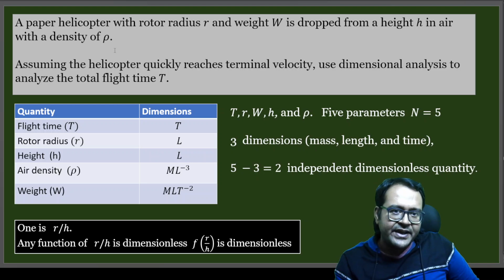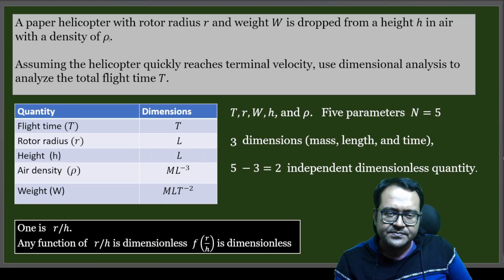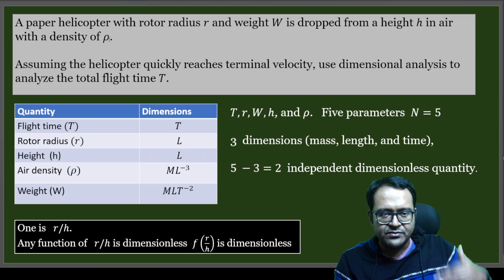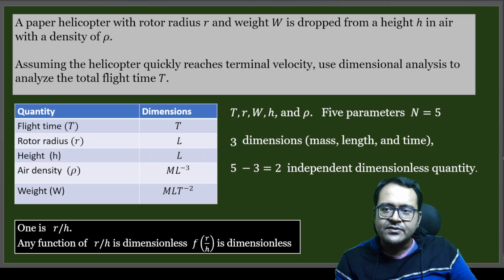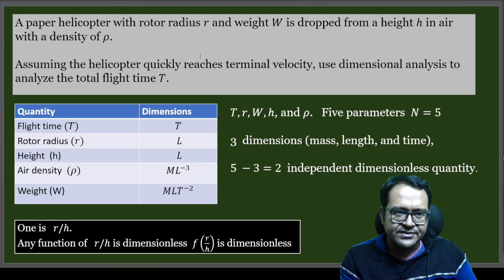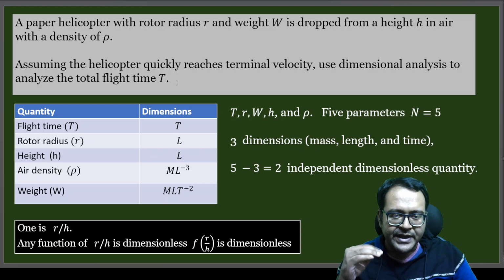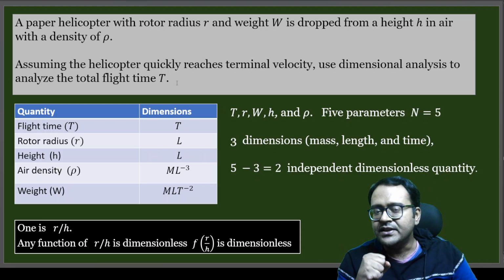The density of air is rho. Let's assume that the helicopter quickly reaches its terminal velocity, a fixed velocity, then it goes down. So can we use dimensional analysis to analyze the total flight time t? Here we don't get an exact expression, but we can extract some information from here.